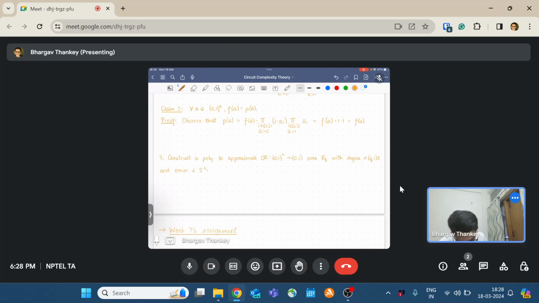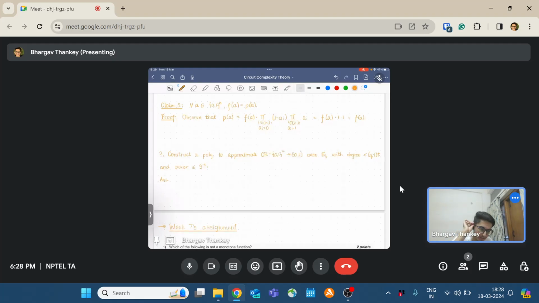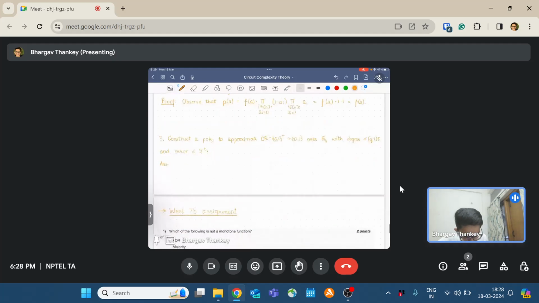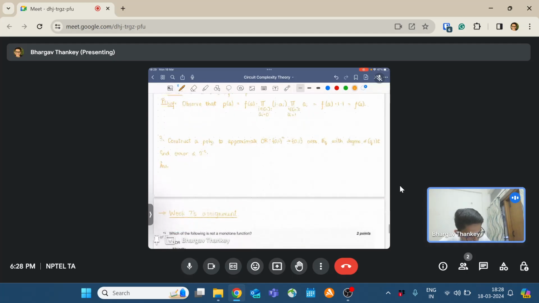So again, this construction would be a straightforward generalization of the construction we saw in class. Let me first give you the construction, then I'll prove that it works.